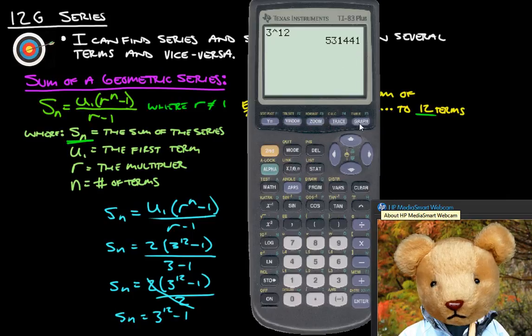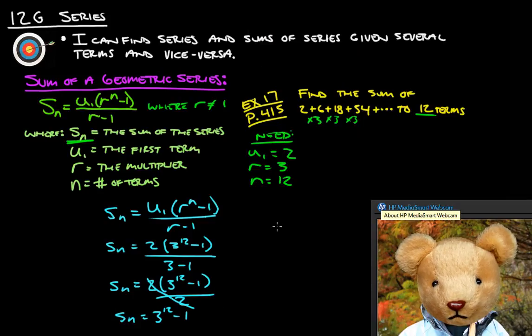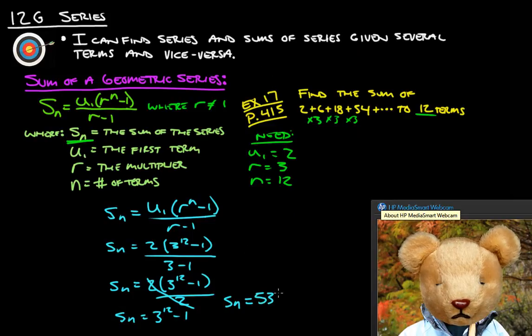531,441. Okay, so then we actually got to subtract 1 from that. Gosh, I'm having a hard time. 531,440 is going to be our answer. Okay, so S of n is going to equal 531,440.